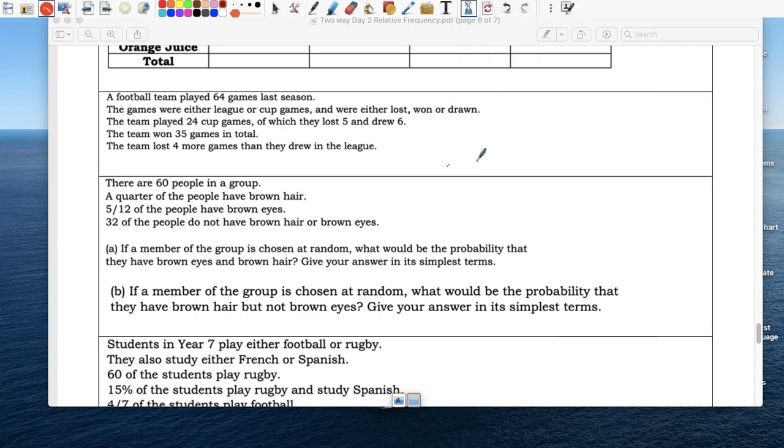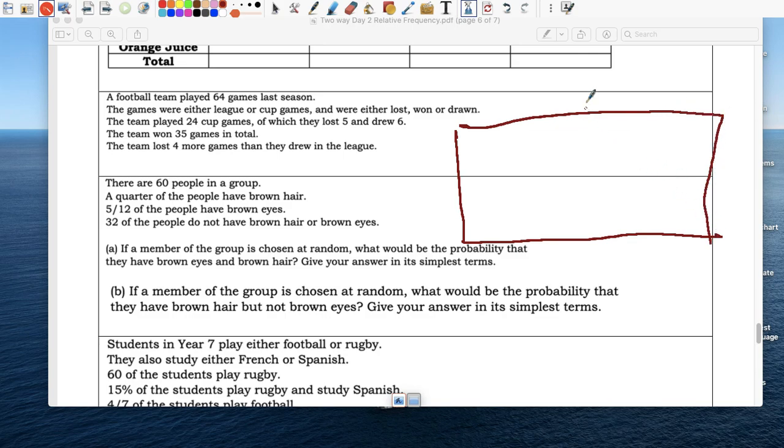One tiny mistake. What is this? 60%, 60 people in the group. Brown hair, brown eyes. Quarter of people have what? So I think there's 2 categories.